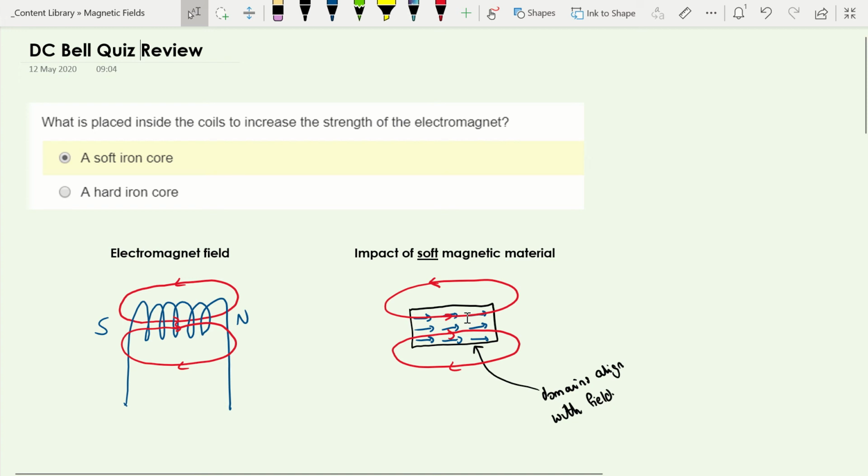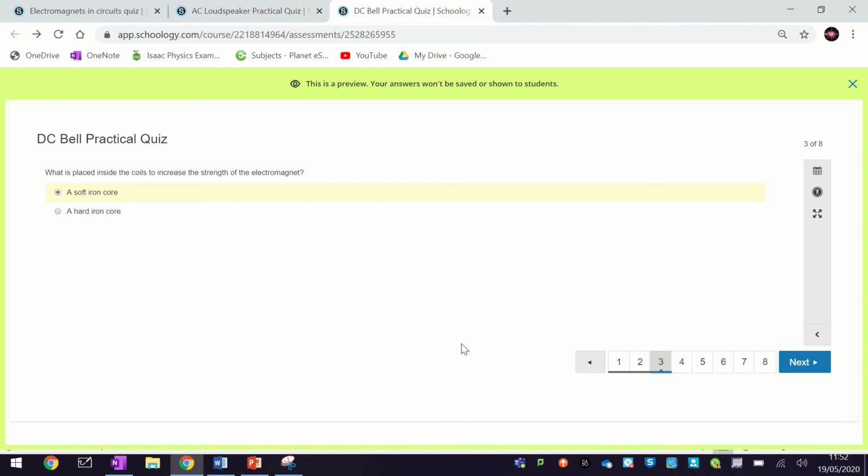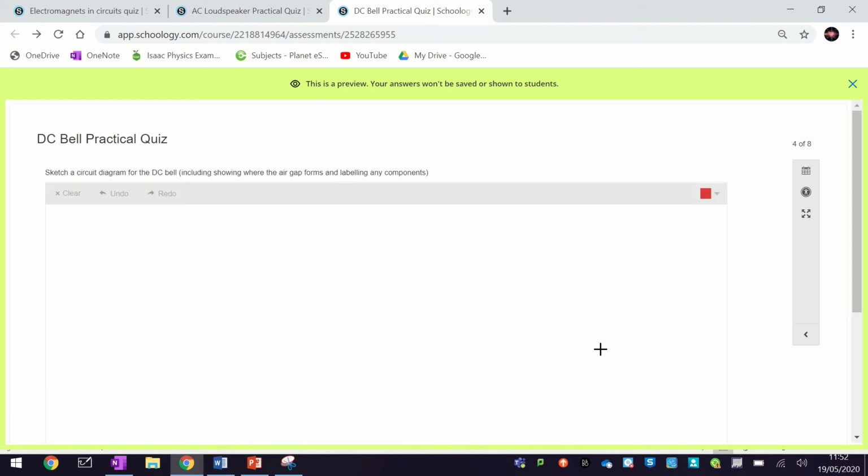You can see the field arrow and the domain arrows are pointing in the same direction, and this is what amplifies the strength of the magnetic field. The material is now adding its own magnetic field on top, and that amplifies its strength, up to 1,000 times stronger. The effect of this is quite dramatic. Okay, so that's how we make it stronger.